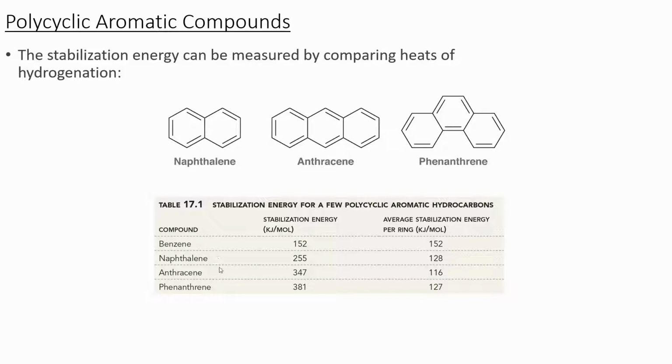As the ring gets larger, the stabilization energy increases, but if we compare that to the stabilization energy per ring, it stays roughly similar to around low 100s in that range.